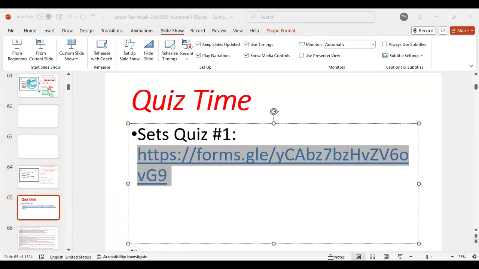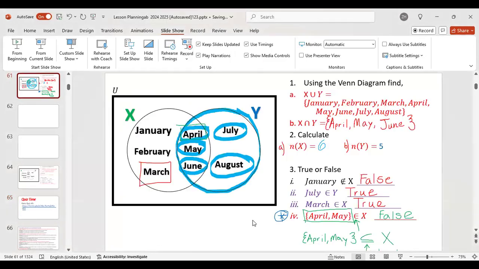Oh, and Mr. Petit, I was supposed to ask you a question before we did the quiz. Go ahead. I got this question before: for example, there's an intersection, and you have 7 and 8 in the intersection.